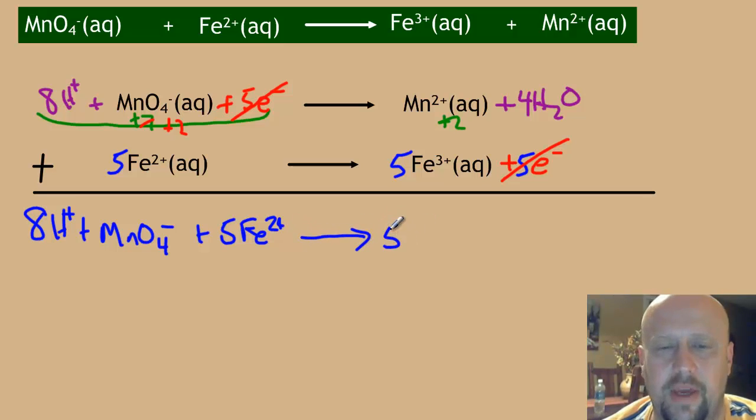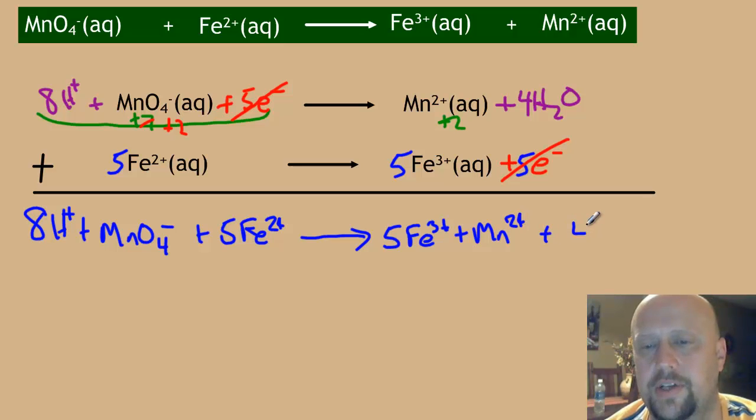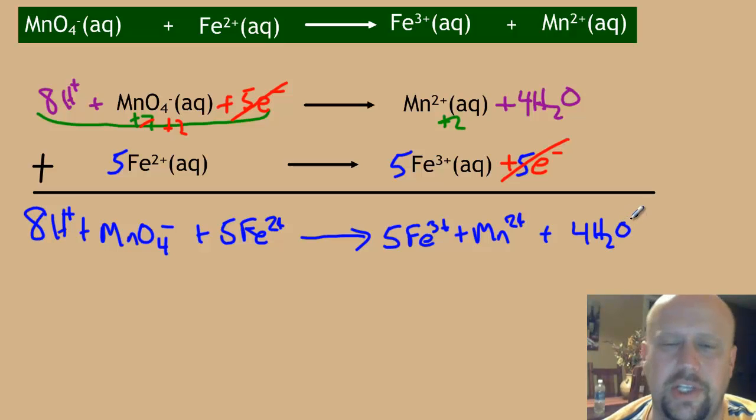That's going to give me 5 iron 3 plus. We could call them ferric and ferrous if you want, but we don't really have to. Plus my manganese ion, again a manganese 2 plus, 4 H2O.